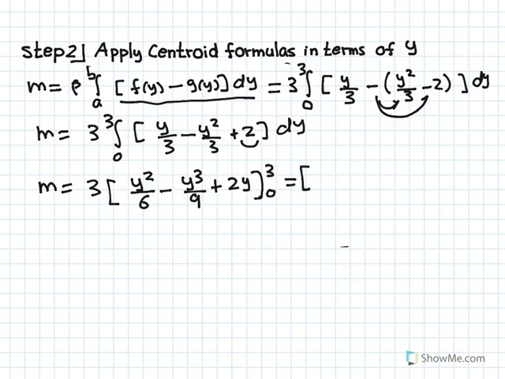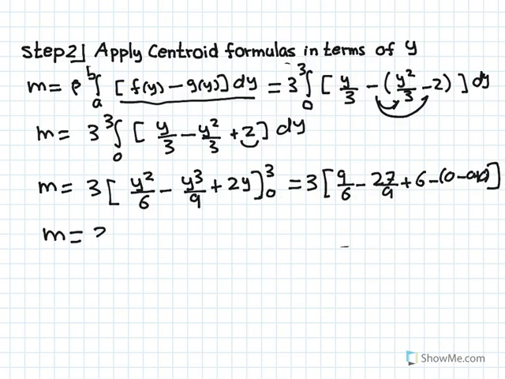Now let's put the upper limit in. Let's not forget about the 3 in the front. So 3 squared is 9 over 6, minus 3 cubed is 27 divided by 9, plus 3 times 2 is 6, minus 0 plus 0, that's all 0. So the mass is equal to 3 times 9 over 6, this is 3 halves, minus 27 over 9 is 3, plus 6.